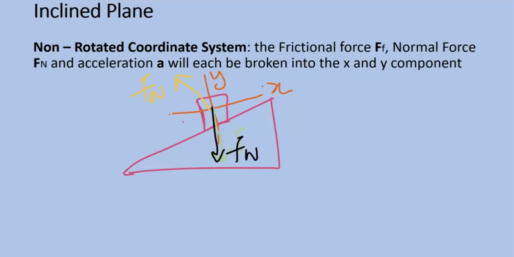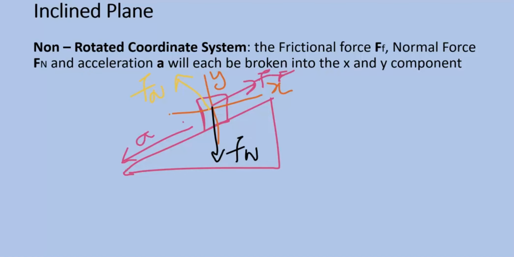Then we have the force of friction. The force of friction applied on this object is also between the x and the y coordinate, that is F of f. Then we have the acceleration. Acceleration applies this way.